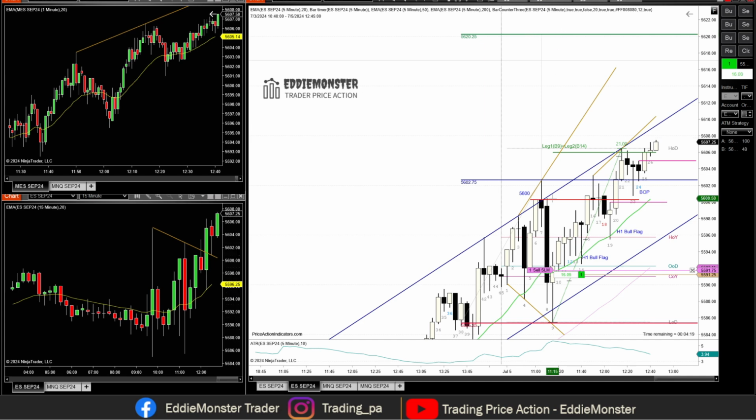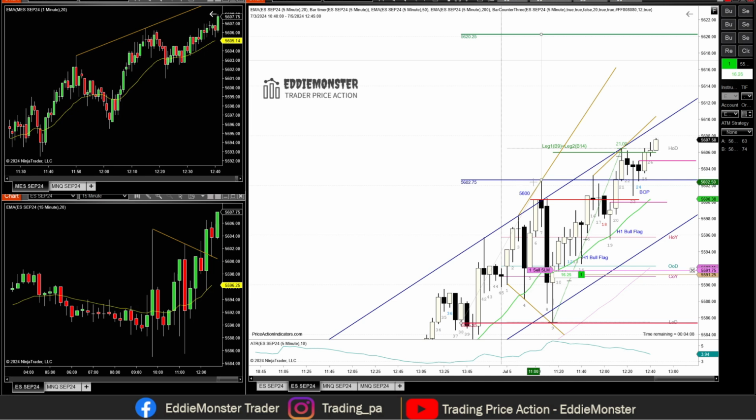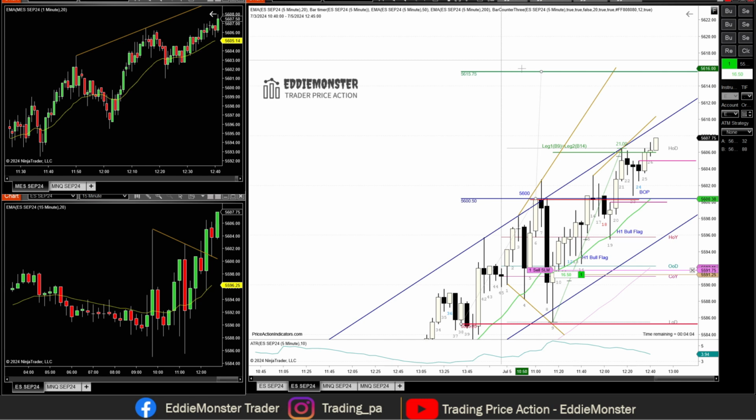But also, this is a breakout point, this red line here. So we can even consider this gap as the measure move gap up, right, like this, 5, 6, 50.